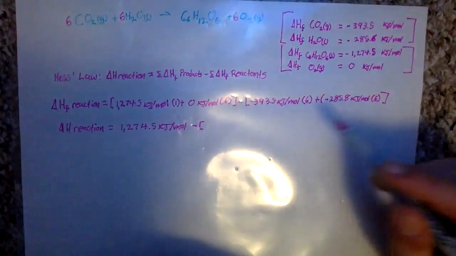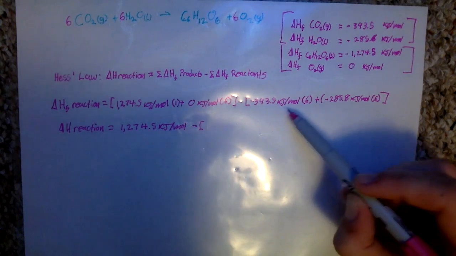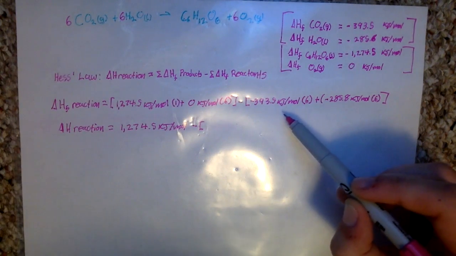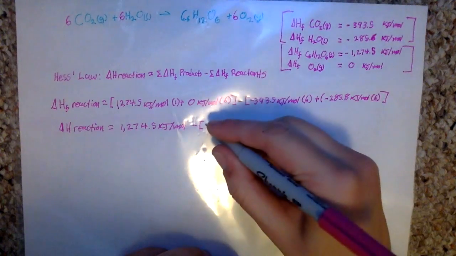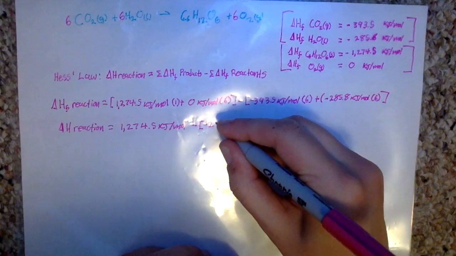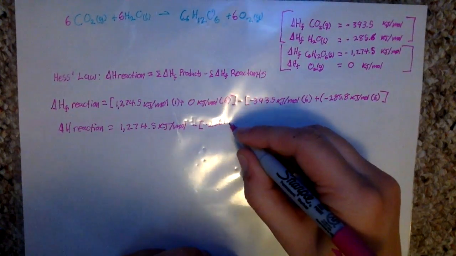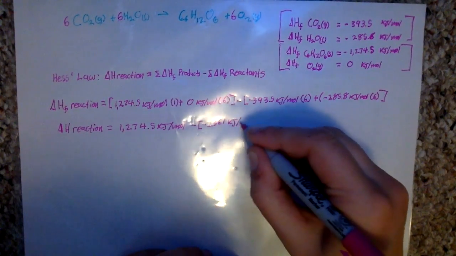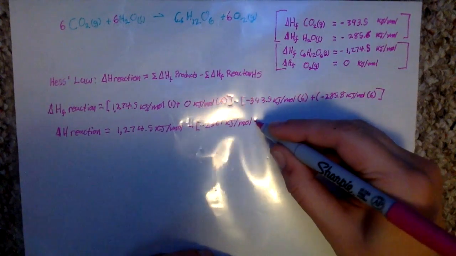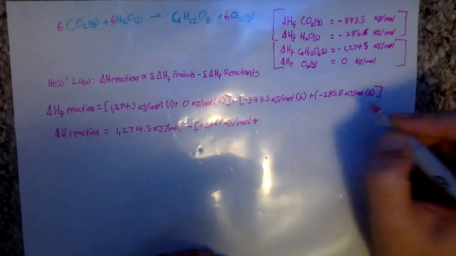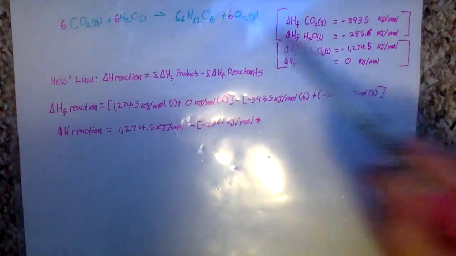And so here we have 393.5 kilojoules per mole times 6, which is going to give us negative 2,361 kilojoules per mole. And then we are going to add our last bit, our H2O here.